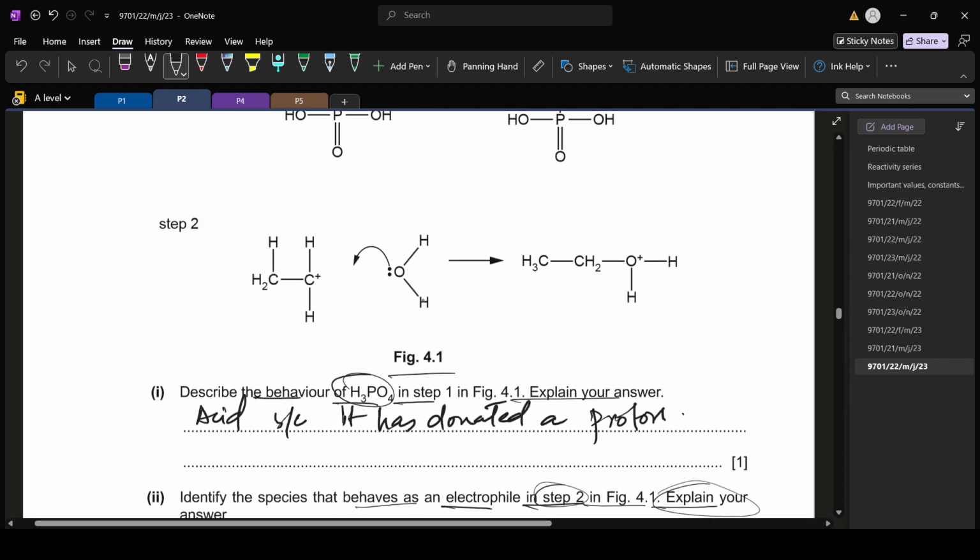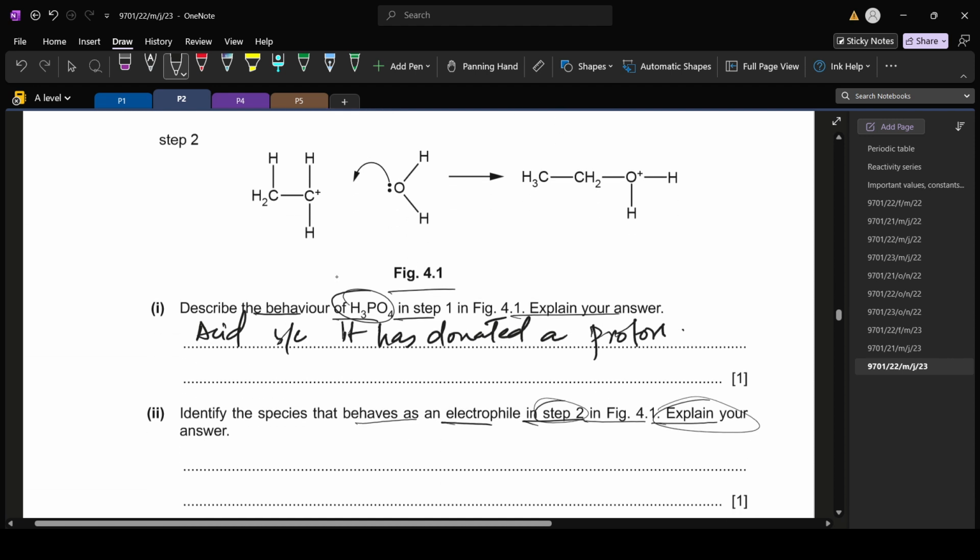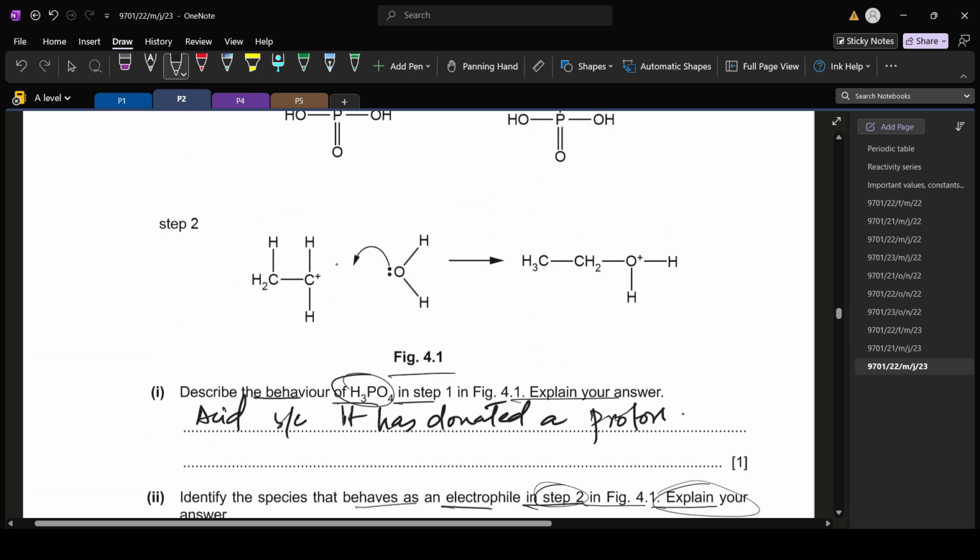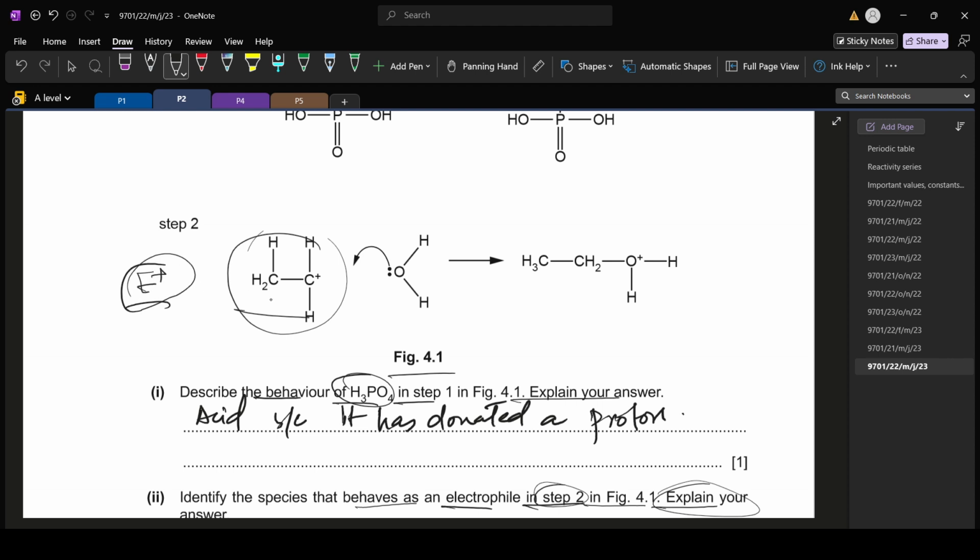Now identify the species that behaves as an electrophile in step 2 in figure 4.1. Explain your answer. The electrophile is the one with a deficiency of electrons, and it will accept a lone pair of electrons. In step 2, this is your electrophile because it has a positive charge and a deficiency of electrons, and it is accepting a lone pair from this water molecule.